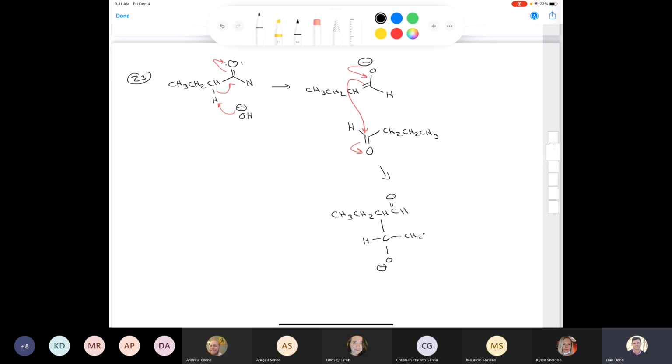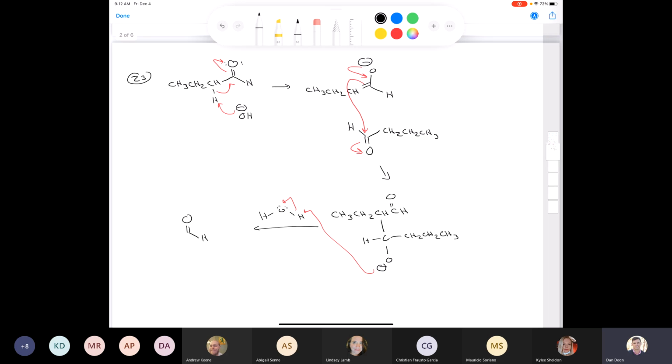That's CH2, CH2, CH3, and then that's going to react with water in order to abstract a proton, and that's going to give us our product. Now I'm going to draw it a little bit differently, the same way we have shown it in the book. All right, we're going to end up with this product.